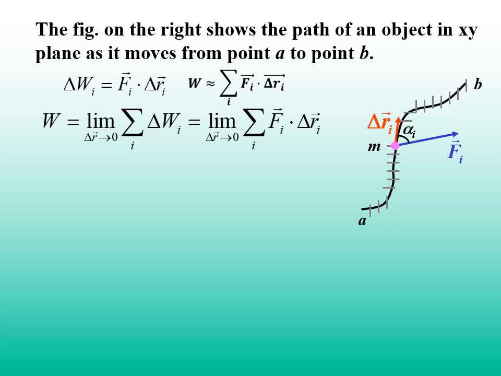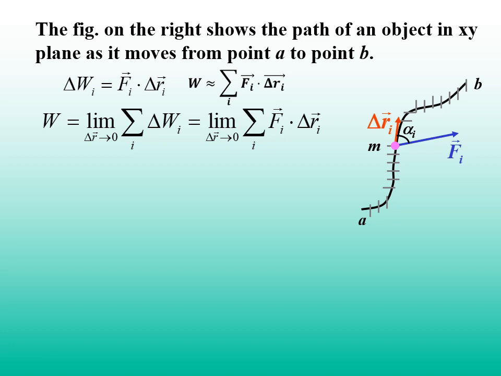The symbol for the integral is an elongated S to indicate the infinite sum, and delta R has been replaced by dr, meaning an infinitesimal displacement. This integral is called a line integral.